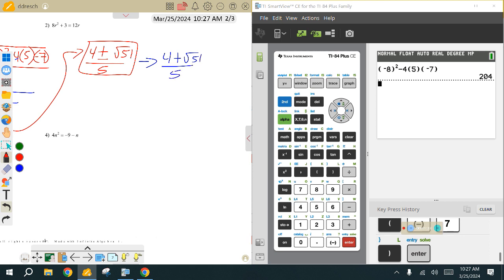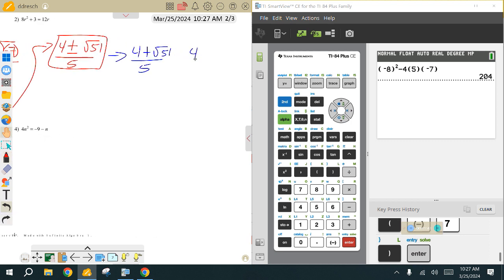And what's the other one going to look like? 4 minus the square root of 51 over 5. Both of those are my answers, hiding in there, they're just pulled apart. Just like that plus or minus the 4 square root of 3 I just had. 4 root of 3, negative 4 root of 3. So it's the same thing. Plus or minus 5. 5, negative 5.